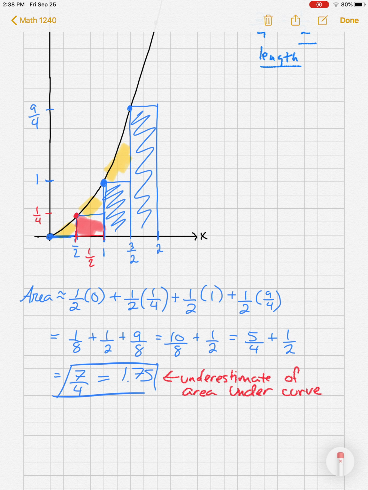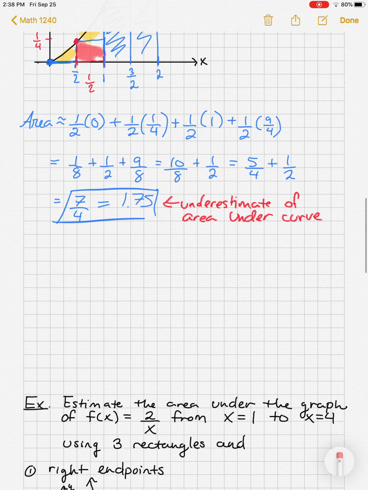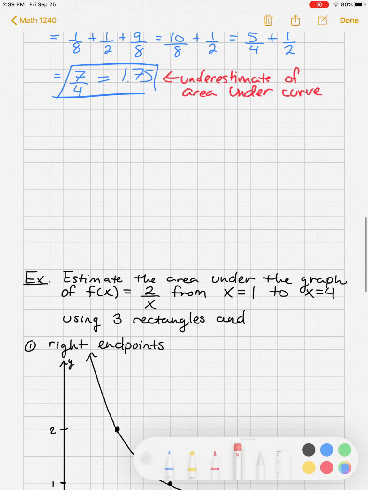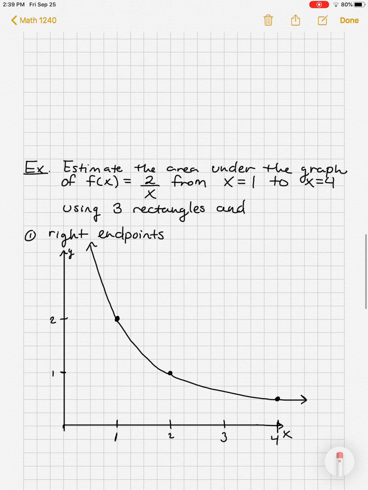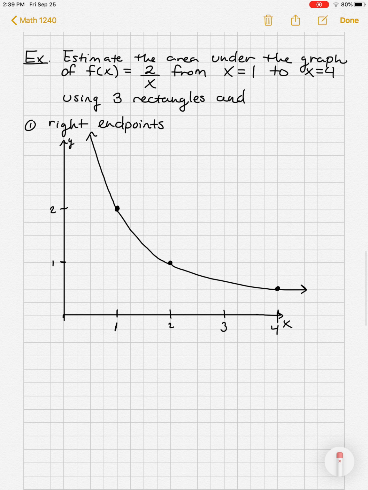But that's not really all that precise. But, like I said, you'll go into it in more detail in calculus. This is an introduction. Here's another function, something other than just a quadratic.